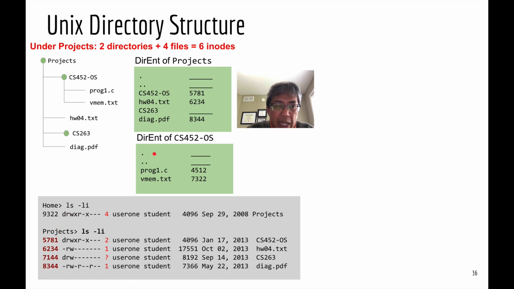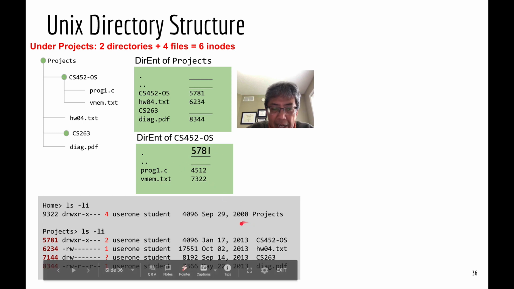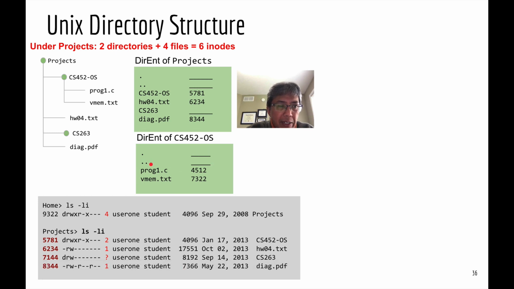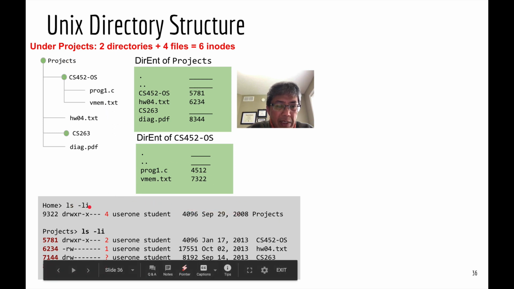The dot directory entry has the inode number 5781. How about the double dot? The double dot is the parent. In our case, the parent of CS452OS is the projects directory. And if you look at the output from ls -li from the gray box, the inode of projects is 9322.